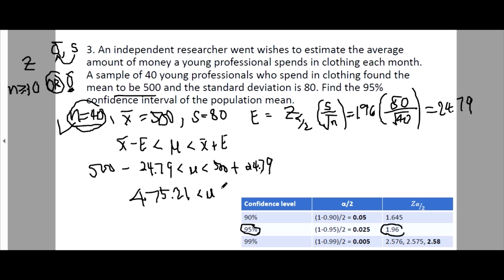So that is our lower limit, and our upper limit is 524.79. Thus, one can say with 95% confidence that the true mean of the population is between 475.21 pesos and 524.79 pesos. This is based on a sample of 40 young professionals.